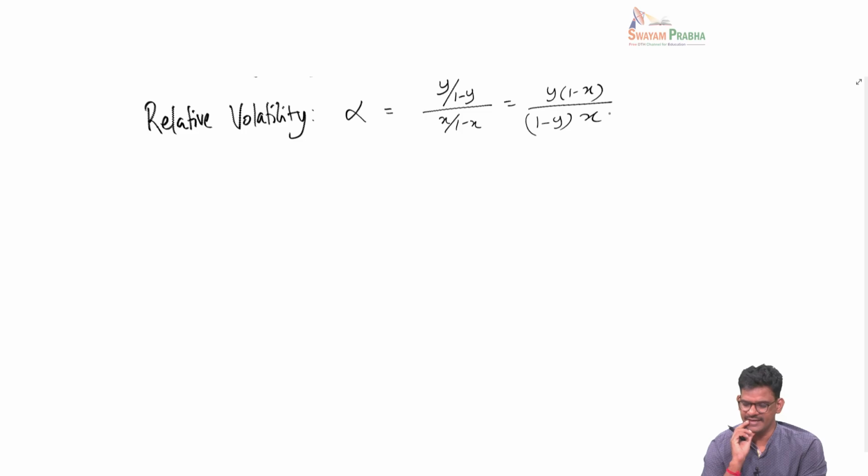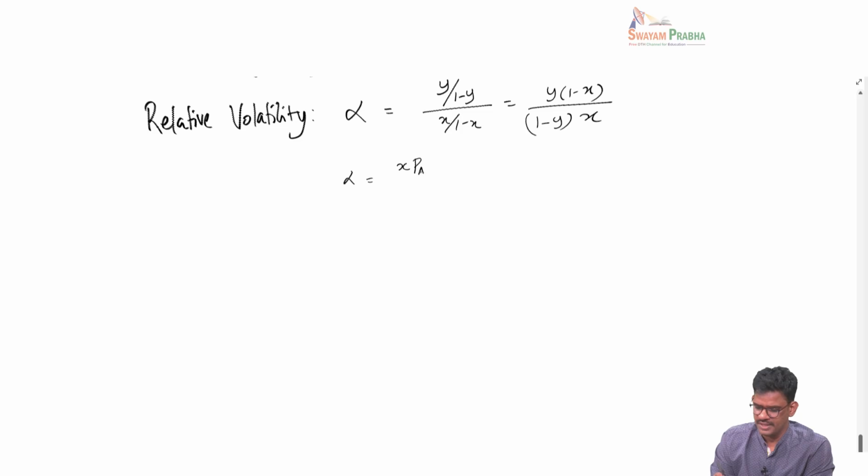Now let's say I have a mixture following Raoult's law, what would be alpha? Because for Raoult's law I already know how to write y and x expressions. We can substitute and see what the relative volatility is for Raoult's law obeying mixtures. So let's substitute this. What is y for Raoult's law? y is nothing but x times Pa by Pt, isn't it?